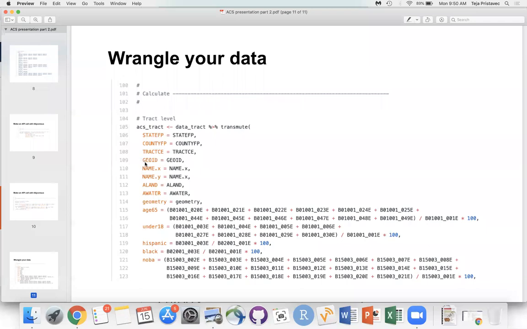Another note here is that Alabama has a FIPS code of 01. So sometimes if you're reading in a data set that has a GeoID and you accidentally read this in as a number rather than a string, it will drop the leading 0. So you'll have a GeoID that has an inconsistent number of digits and that will mess up your merge. It's because you dropped the leading 0.